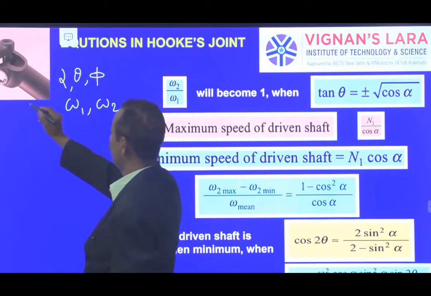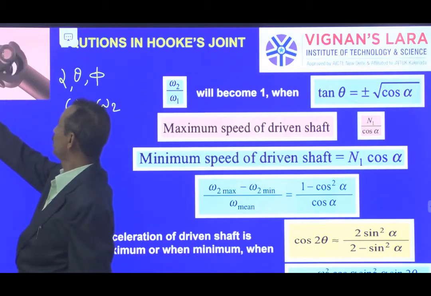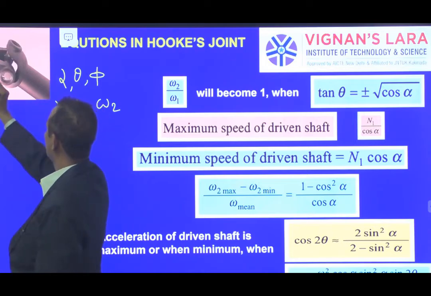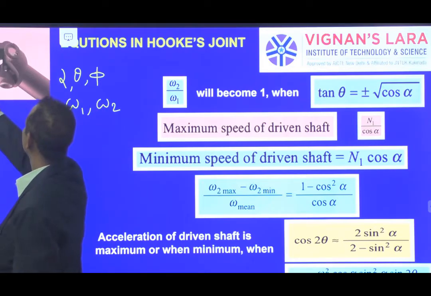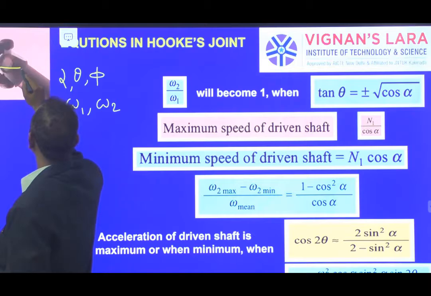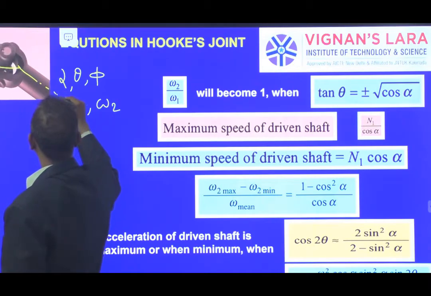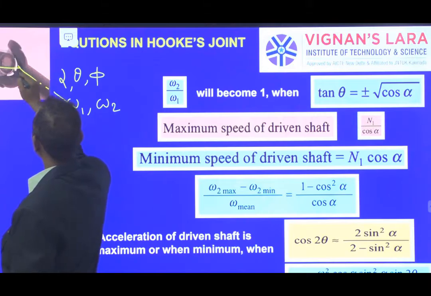Here, if you consider this is the driving shaft end and this is the driven shaft end, the axis of this is inclined with the other shaft.